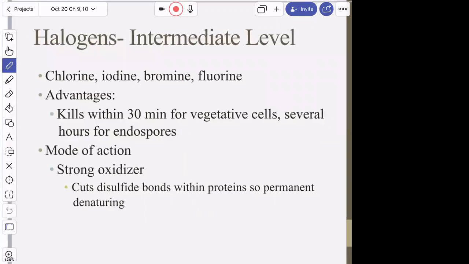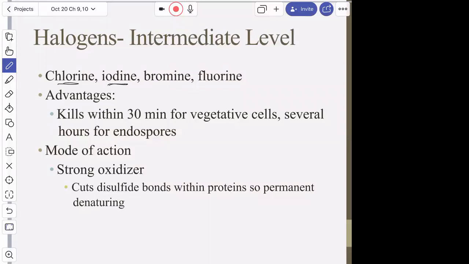Halogens, if we move up to the intermediate level, you can think of lots of different ways that we use halogens. So if you think about the periodic table, the halogens are off to the right-hand side: chlorine, iodine, bromine, and fluorine. We are mostly going to focus on chlorine and iodine.